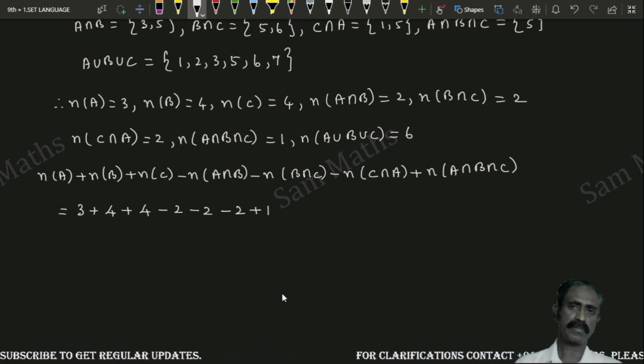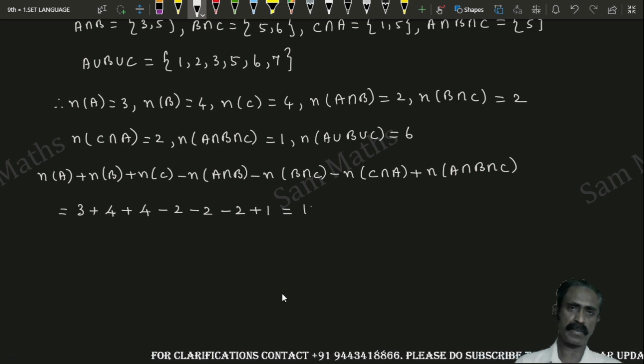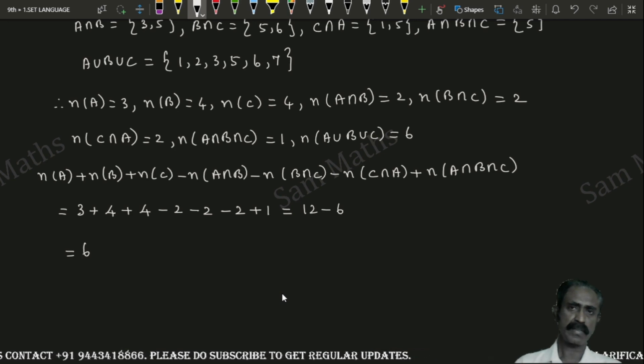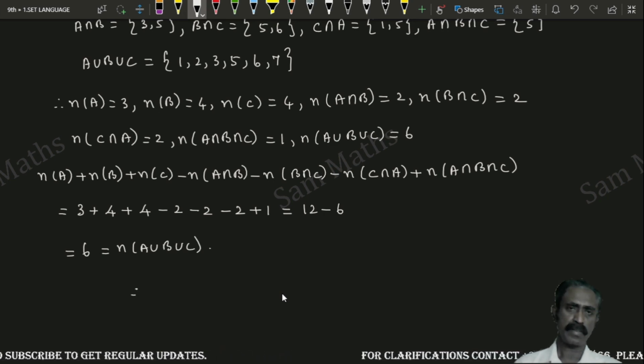Now we can simplify. This is equal to 3 plus 4 plus 4, that is 11, 11 plus 1 is 12, minus 2 minus 2 minus 2, that is minus 6, which is equal to 6, that is equal to n of A union B union C. Now we verified the formula, therefore it's verified.